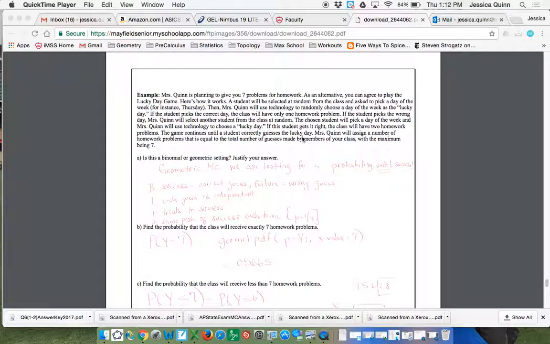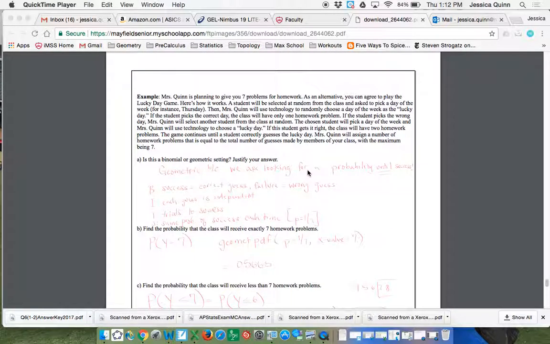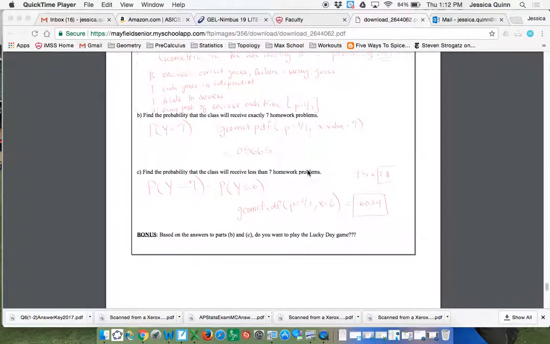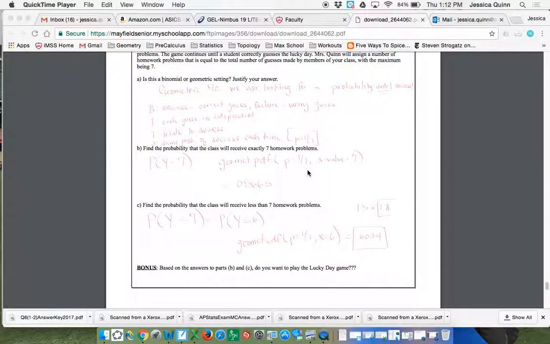So kind of, I need to switch this up for next year. A better example would be of just however many guesses it takes you, that's how much homework you have to do, not that I'm planning on giving you 7. Because here you got a 60% chance of less than 7, about a 5-6% chance of exactly 7.